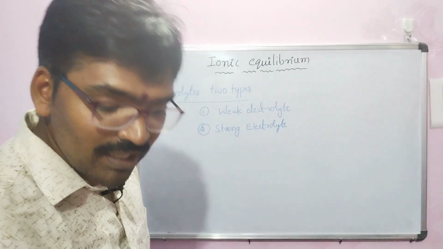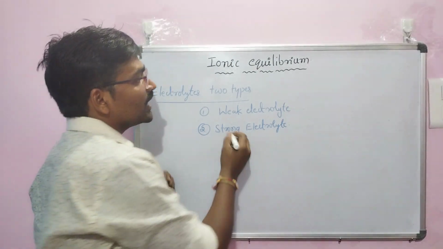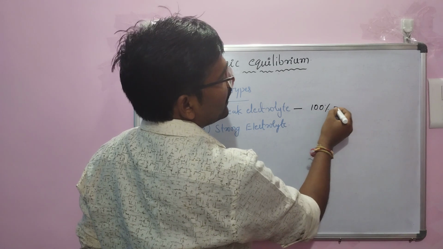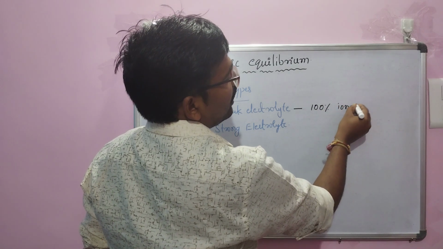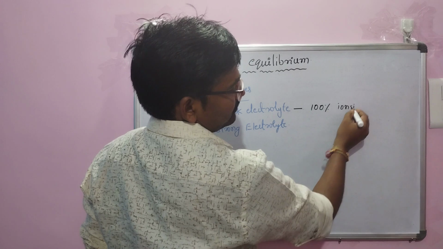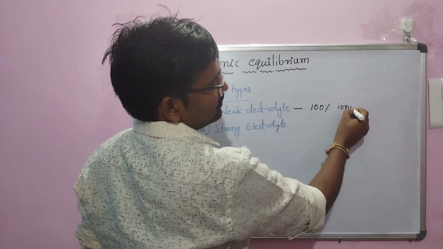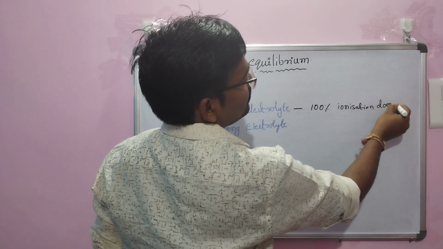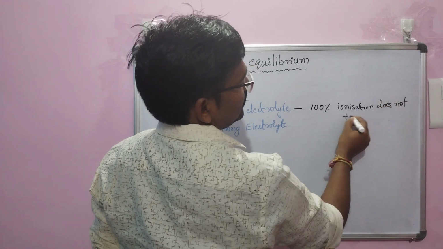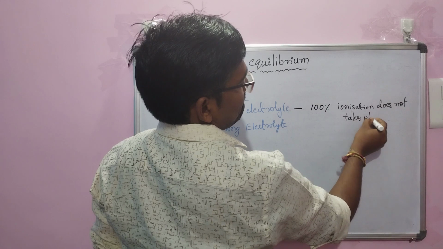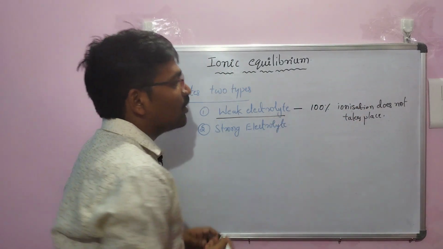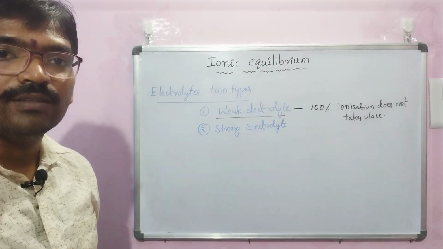What are the weak electrolytes? Weak electrolytes are those where 100% ionization does not take place. Such compounds we call weak electrolytes.